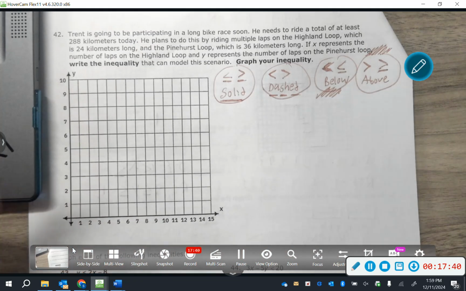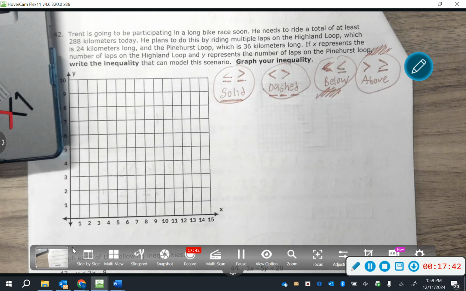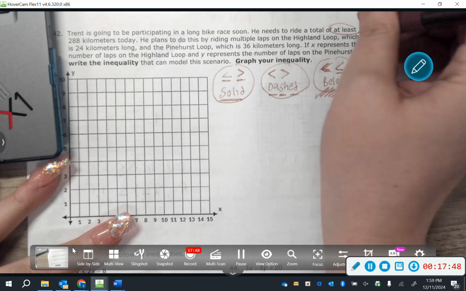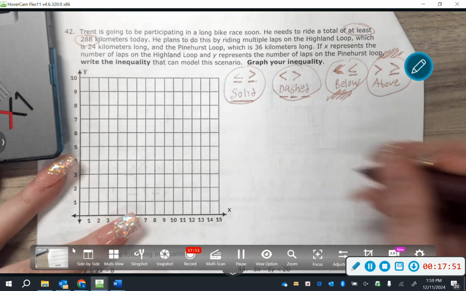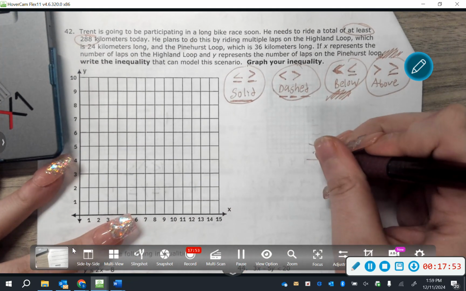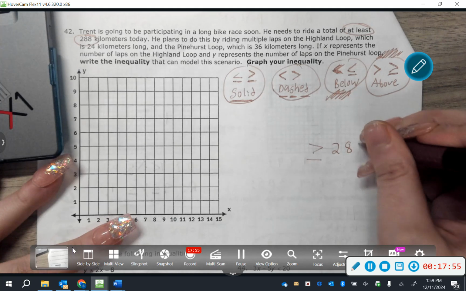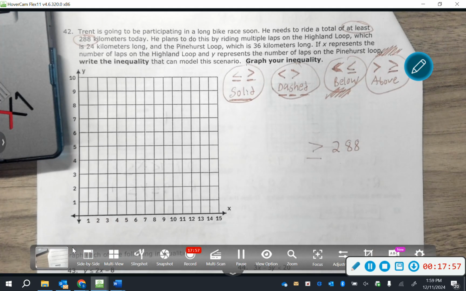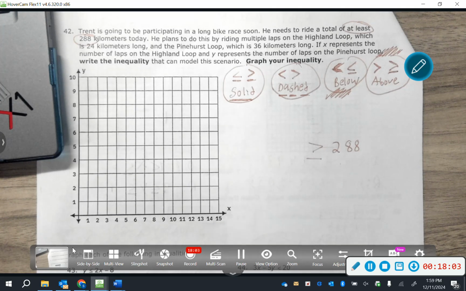So here's what they gave us. Trent's going to be participating in a long bike race soon. He needs to ride a total of at least, that means greater than or equal to, 288 kilometers today. He plans to do this by riding multiple laps on the Highland Loop, which is 24 kilometers long.